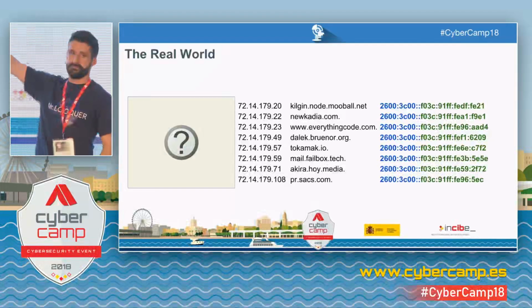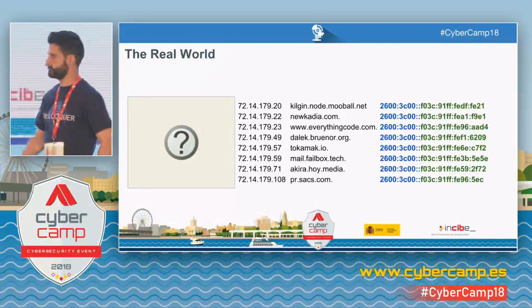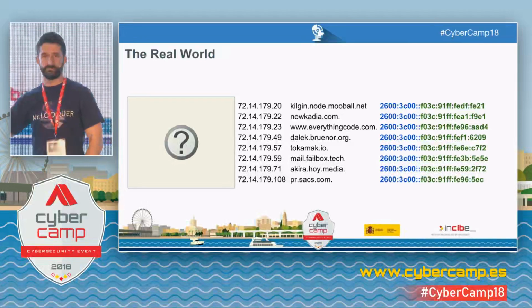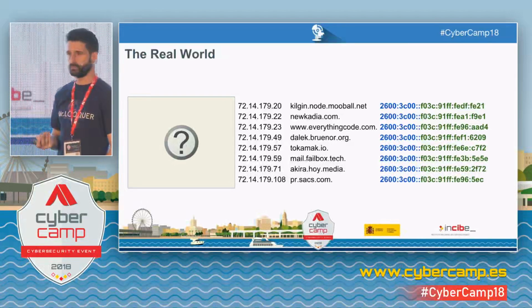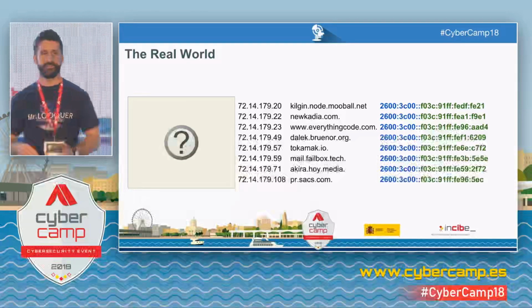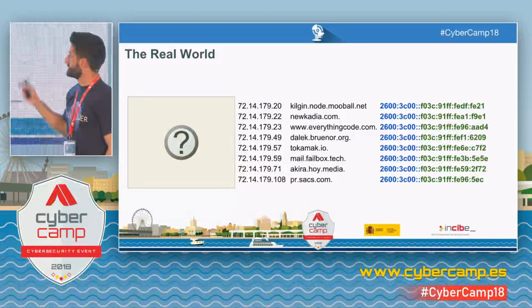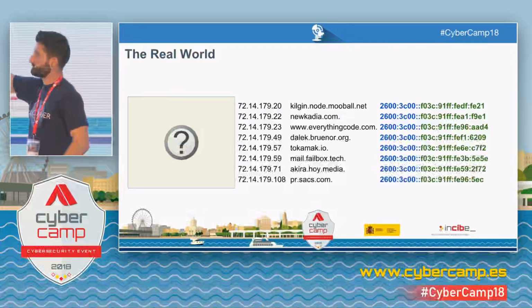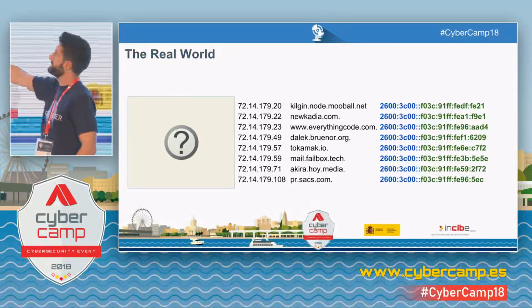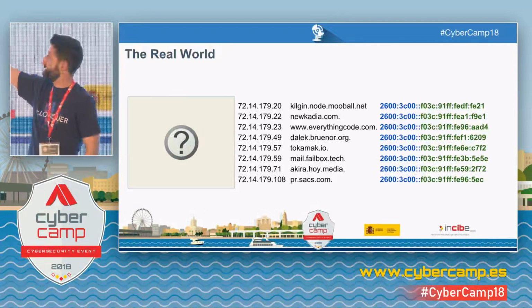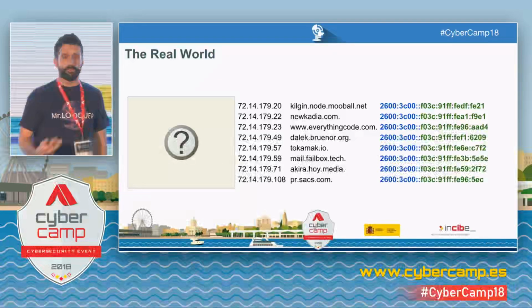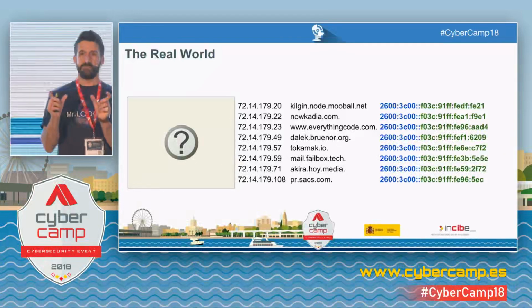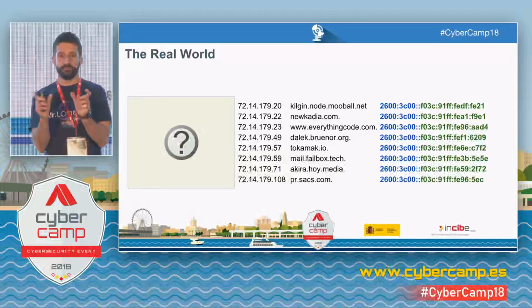There's something interesting here. These are real domains. I'm not showing sensitive information. Domains that have nothing in common, apparently, at first sight. This is like an intelligence test, find the differences. Well, if you see the IPv4 addresses, the same 3 blocks are the same ones, but in IPv4, if you give me 2 addresses, I cannot know if they belong to the same organization if I'm not using additional techniques.